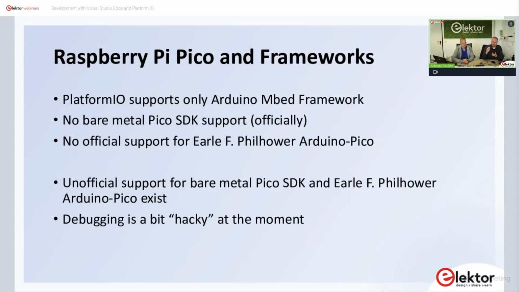We currently have, sadly, no official bare metal support for the Pico SDK, and no official support for the Arduino Pico framework by Earle Philhower. And that last framework is the one used by most third-party board manufacturers. So it's a weird situation that the framework not from the Arduino guys is the most used framework for Arduino RP2040 based boards.